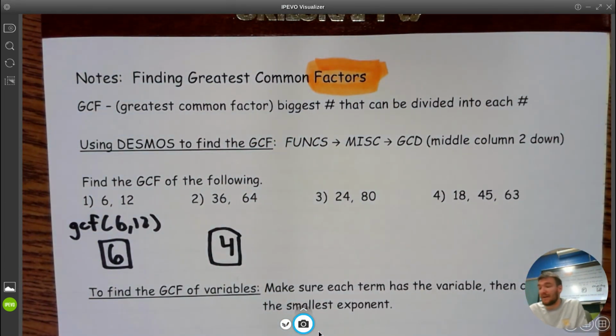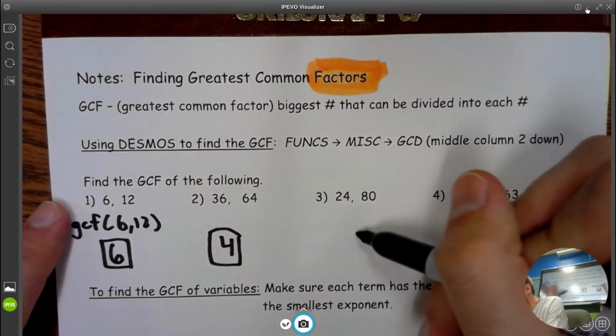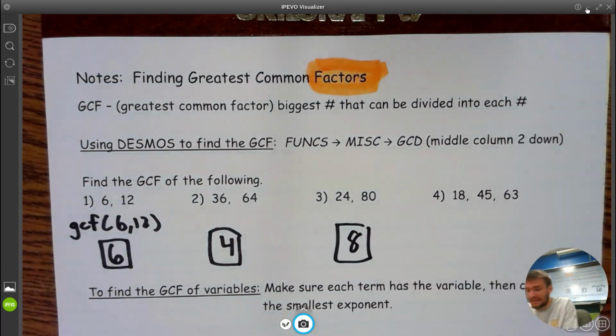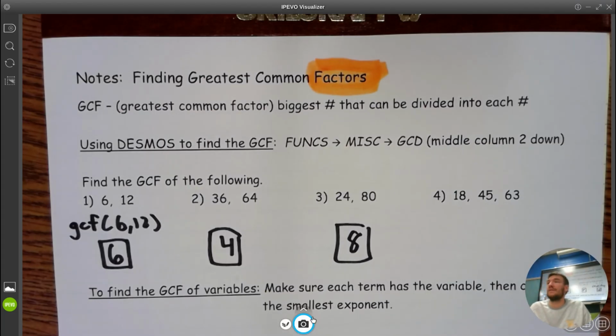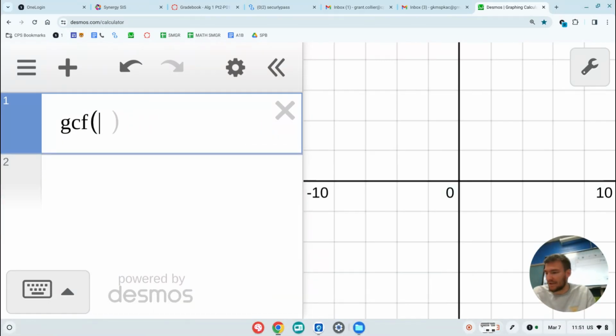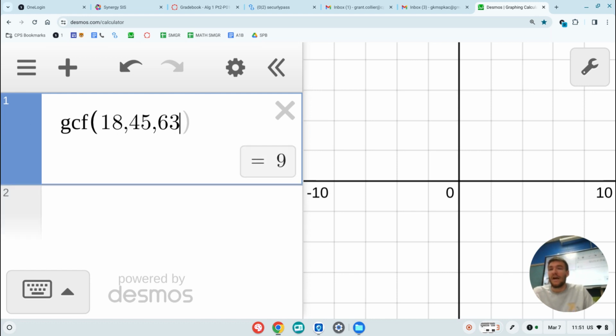What's the GCF of 24 and 80? I heard somebody say 8. Let's see if they're right. Desmos does all of the work. 24, 80. It is 8. And the last one is 3 numbers. That's fine. Just use commas. 18, 45, 63.